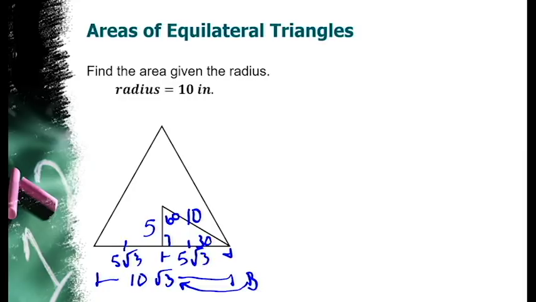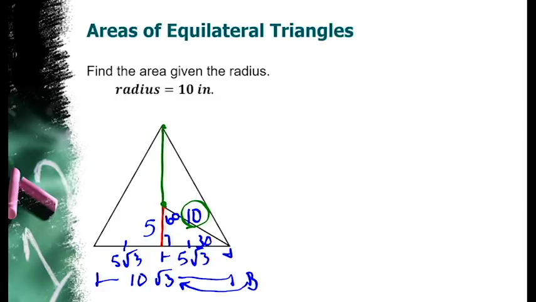Now our height, however, we only have the apothem here. This goes from the center to the midpoint. Going the other direction, though, goes from the center to a corner. We call that the radius. We already know the radius because that was given to us down here. The deal with a radius or an apothem within a regular polygon is every radius is the same length and every apothem is the same length.